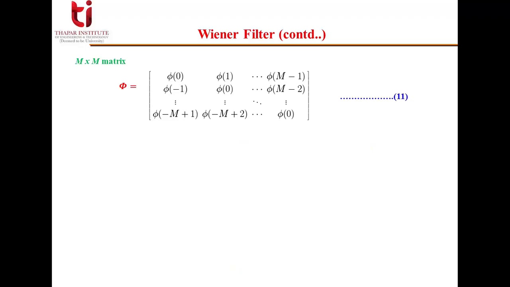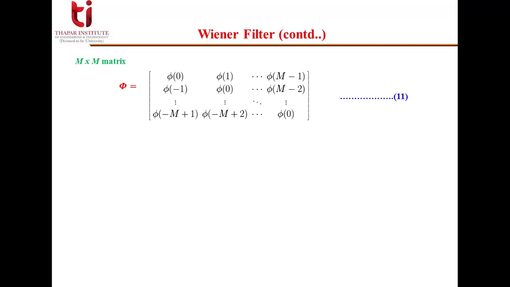Now how can we represent this M cross M matrix, what values will it have? It will have values running from phi 0 to phi M minus 1, and the last row will have phi of minus M plus 1 to phi of 0. Actually, this product is a commutative kind of operation, and when we change the order, phi of i minus k is phi of k minus i.